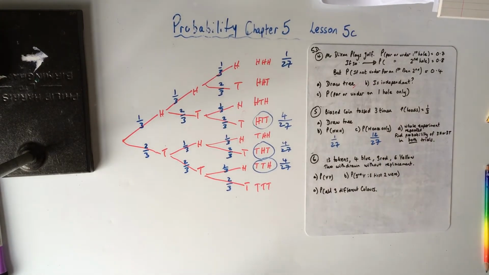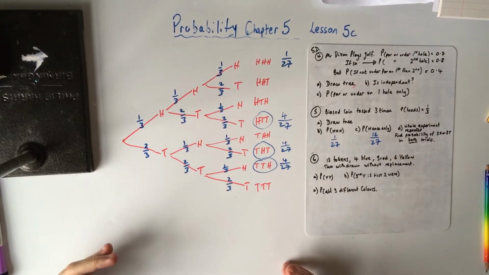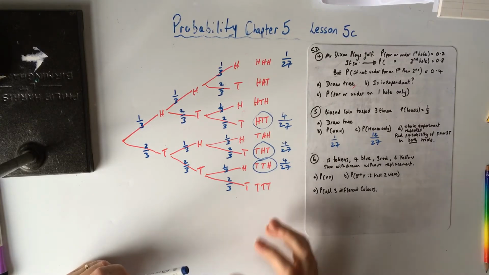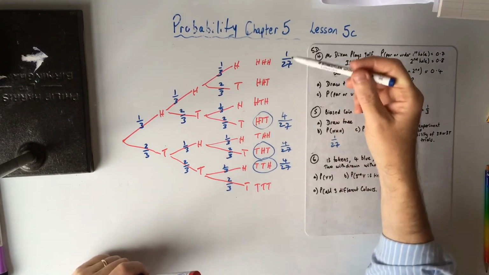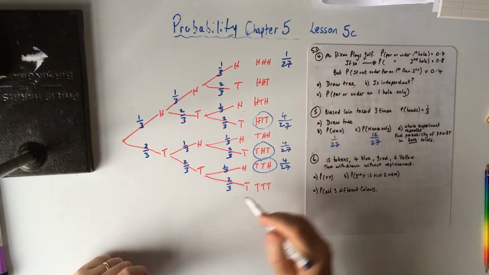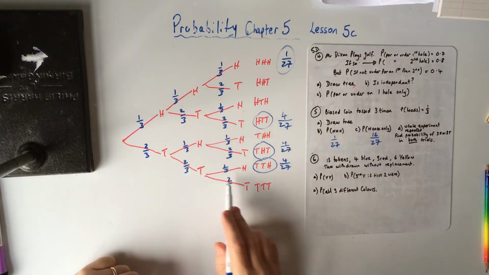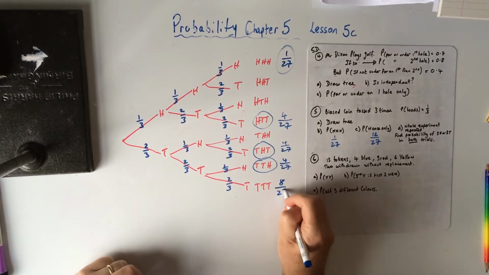Now this is an interesting one. It says, you do all of this, the whole experiment was repeated again from the start. Find the probability of getting 3 heads or 3 tails on both trials. Okay, well 3 heads is that, and 3 tails, 2 times 2 times 2 is 8 over 27.